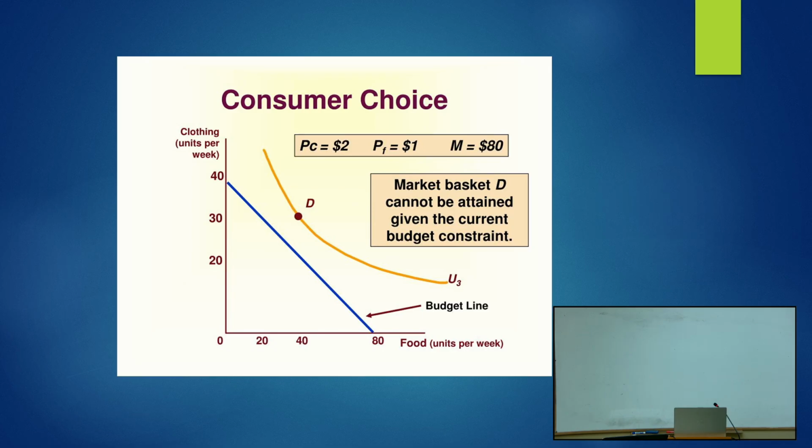So we think about the choice between food and clothing. It means that now I have some money and I will buy the food or clothing. Market basket D cannot be attained given the current budget constraint.